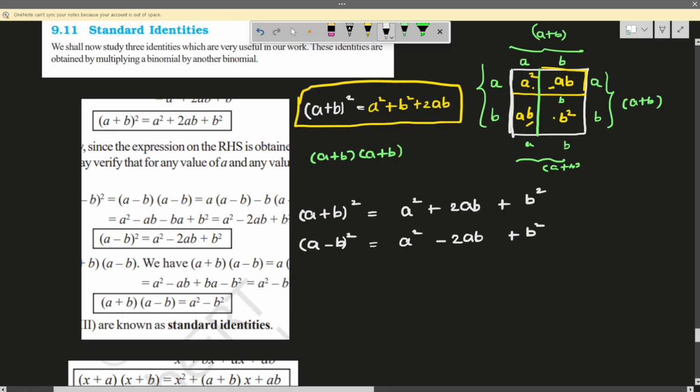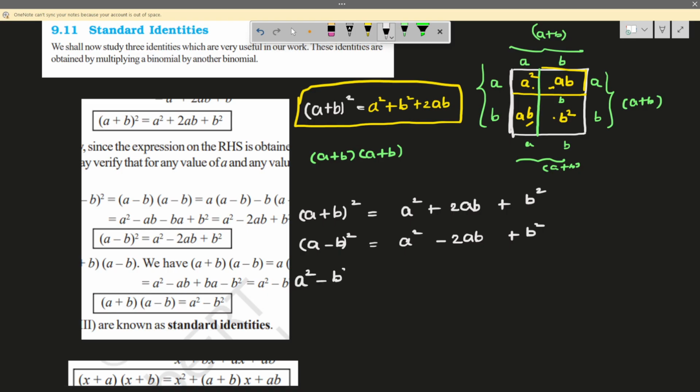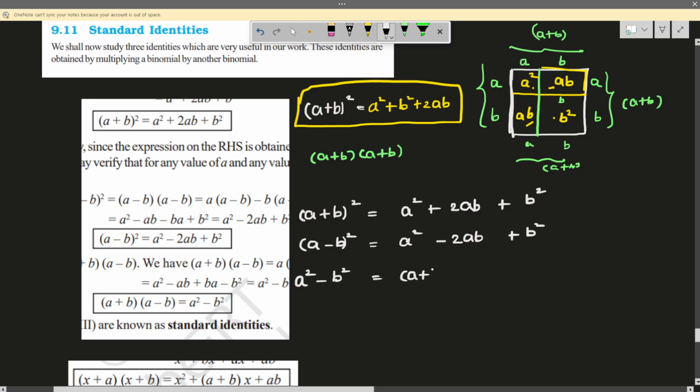Only for this 2ab term we have a minus symbol, and a square minus b square is equal to a plus b times a minus b. That's very important.